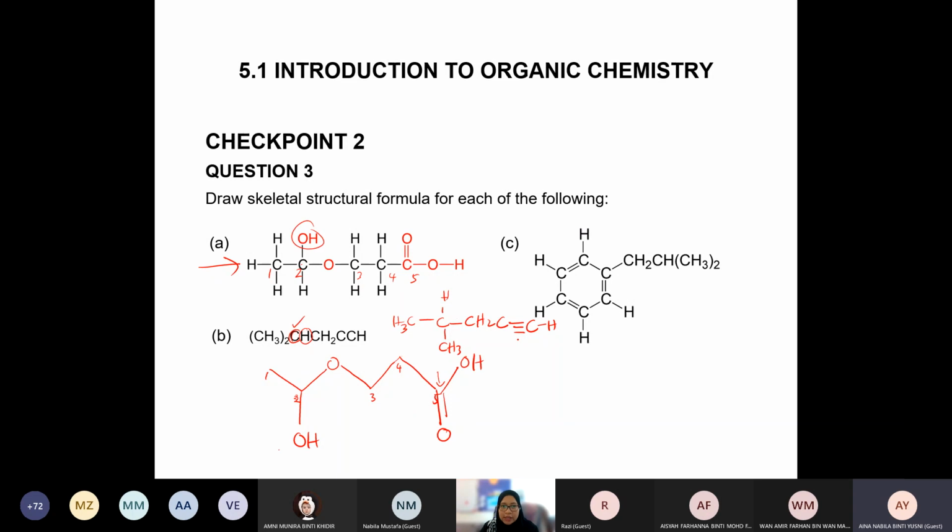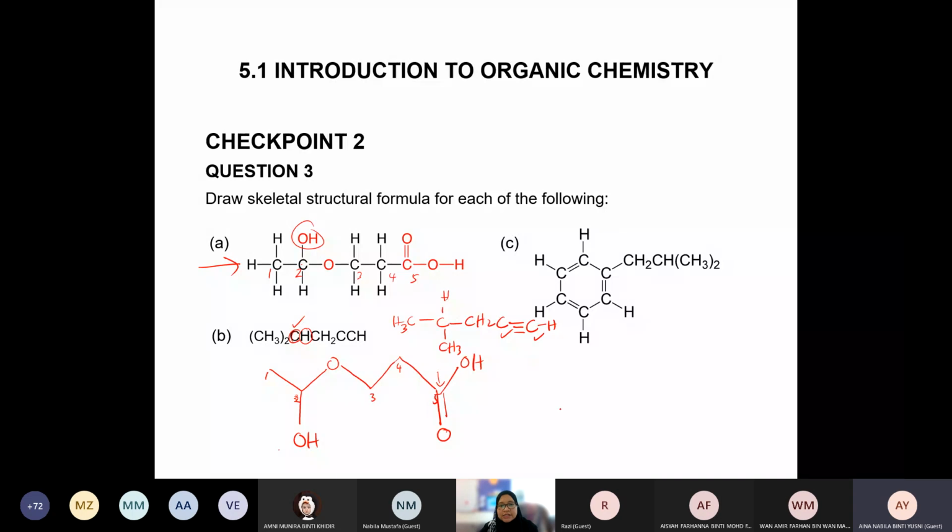You have to consider other options, that the carbon may contain a double bond or triple bond. In this case, it has a triple bond, because if we have a triple bond, these two will be octet.